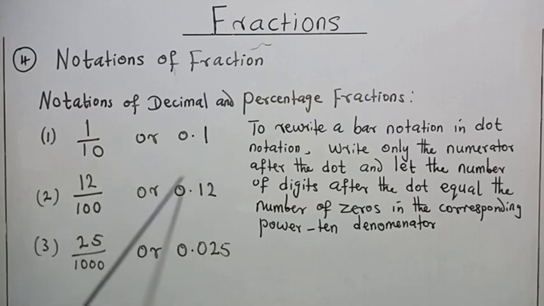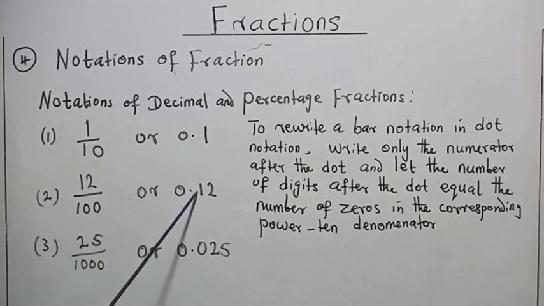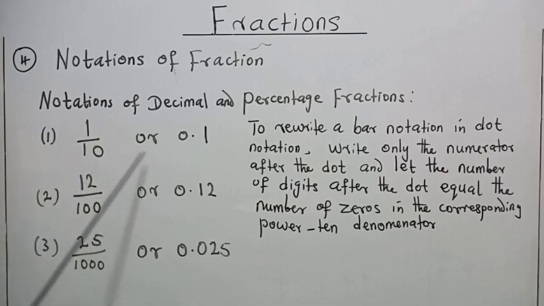Because there are 2, there should be 2 digits towards the right after this dot. And here there are 2 of them. Therefore, this was correctly expressed from here. This is a bar form, and this is a corresponding dot form. The same thing happened here. But that is something that we have to learn more about, how this became this.